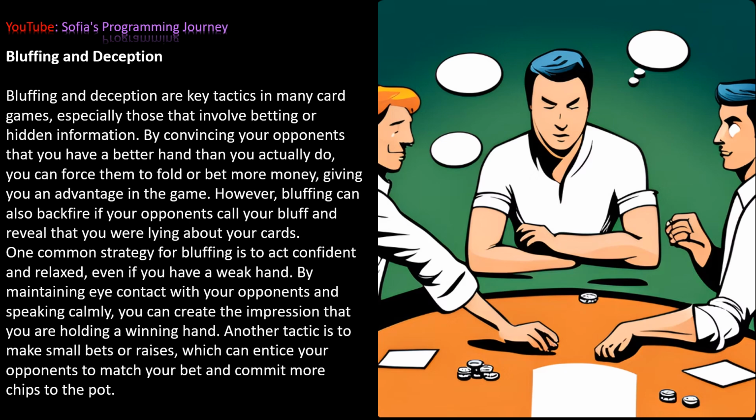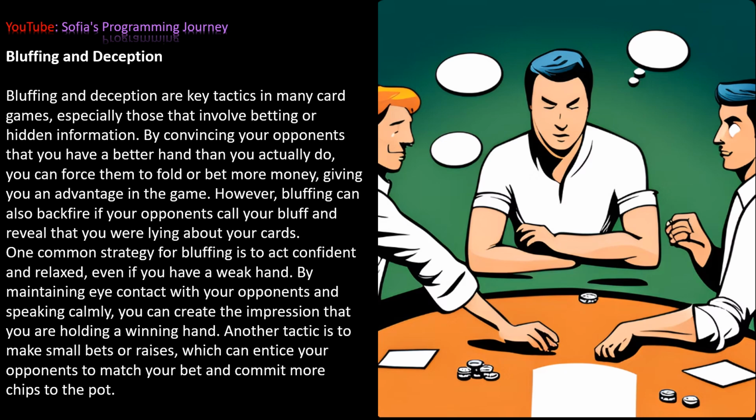Bluffing and deception. Bluffing and deception are key tactics in many card games, especially those that involve betting or hidden information. By convincing your opponents that you have a better hand than you actually do, you can force them to fold or bet more money, giving you an advantage in the game. However, bluffing can also backfire if your opponents call your bluff and reveal that you were lying about your cards.